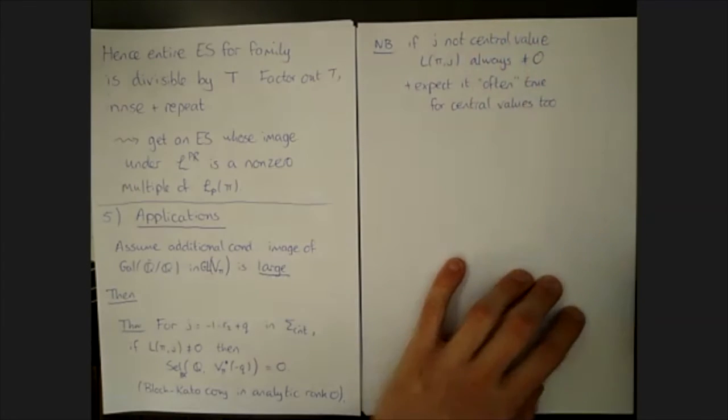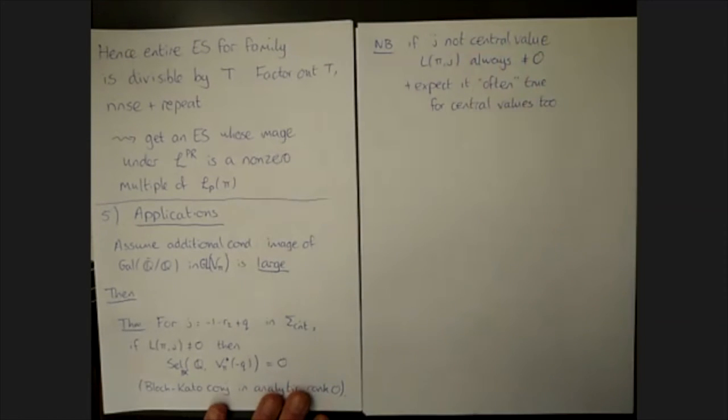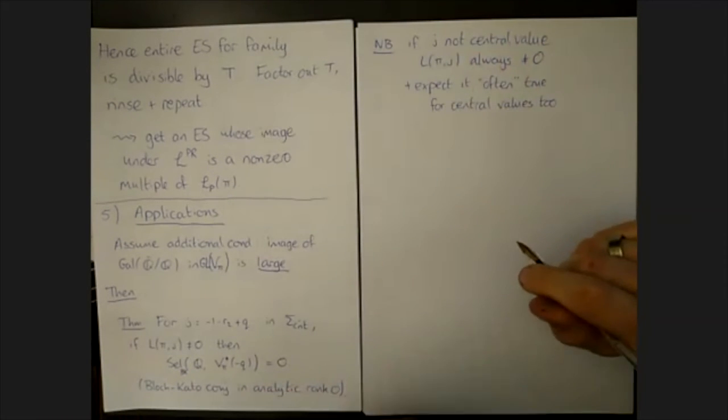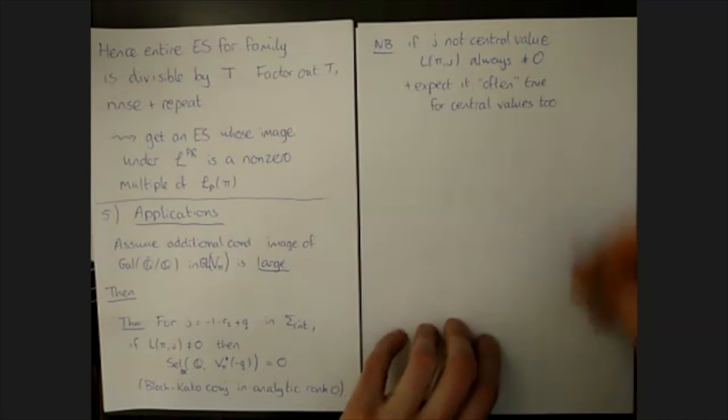And it's expected to be often true for the central values as well. I'm not going to go too much into that, but I just want to reinforce that these analytic rank 0 cases are already a very large part of the battle in proving the Bloch-Kato conjecture.